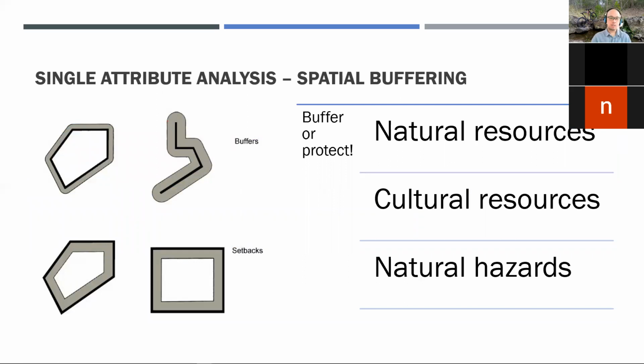Spatial buffering or proximity analysis helps you identify locations within a specified distance of one or more reference features. The resulting areas are either buffers or building setbacks or development setbacks. The primary difference between a buffer and a setback is the direction of this spatial feature. It's usually either outward or inward from the reference feature.